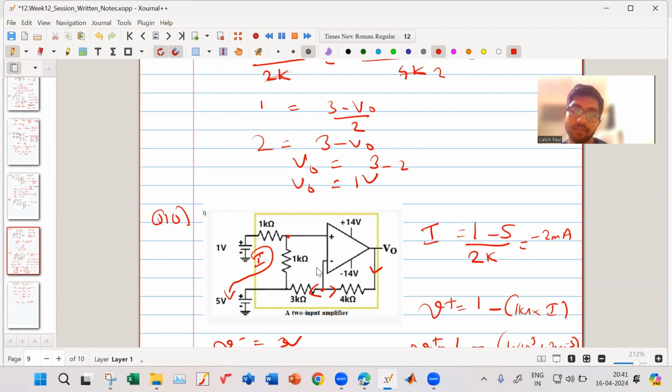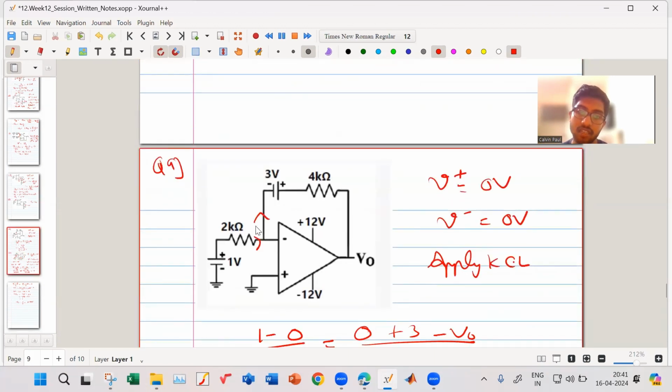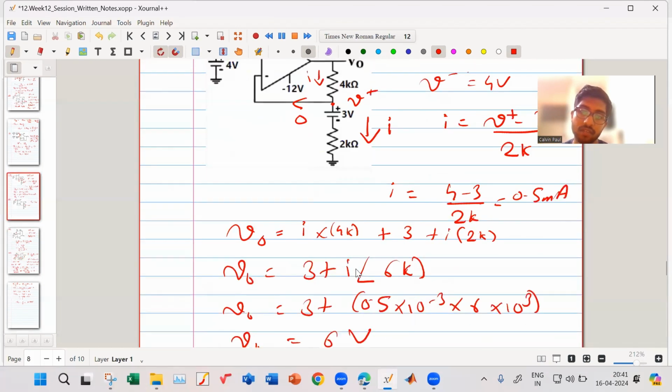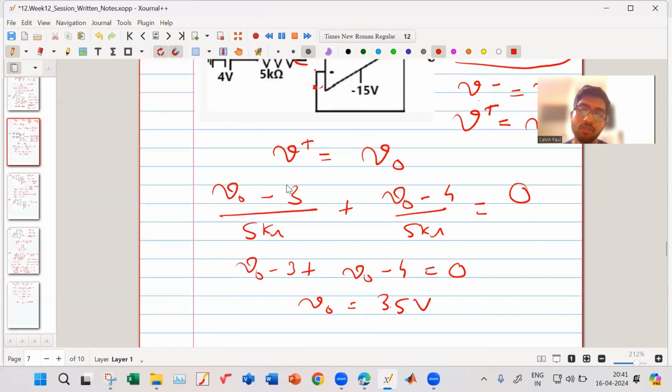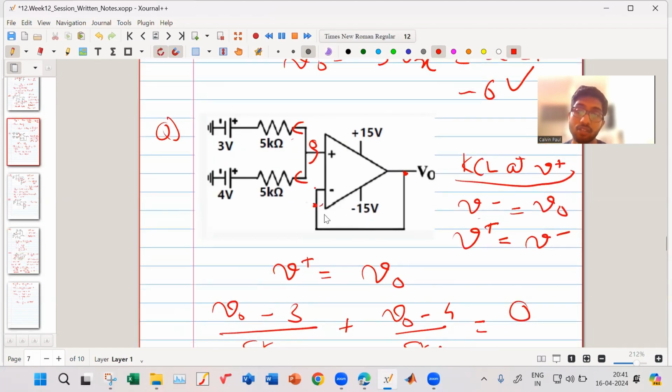It cannot be applied. If you see all of our networks, all the questions which we have done, only negative feedback is there. If you see question 10, negative feedback, question 9, negative feedback, here also negative feedback. All are based on the concept of negative feedback.